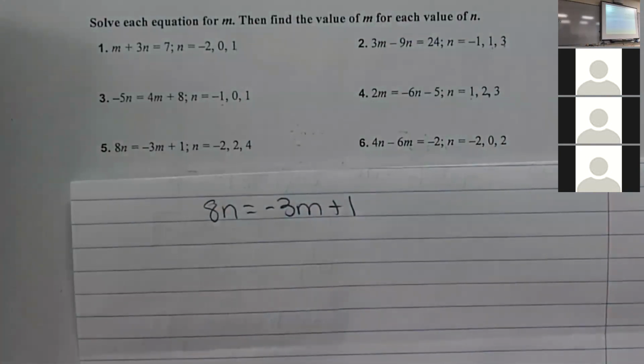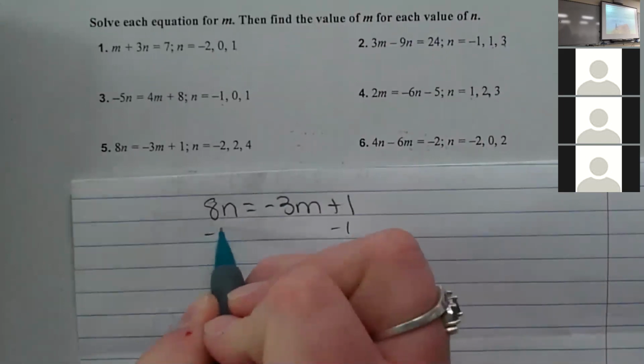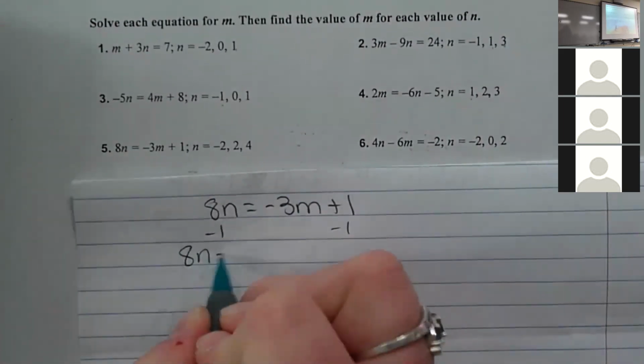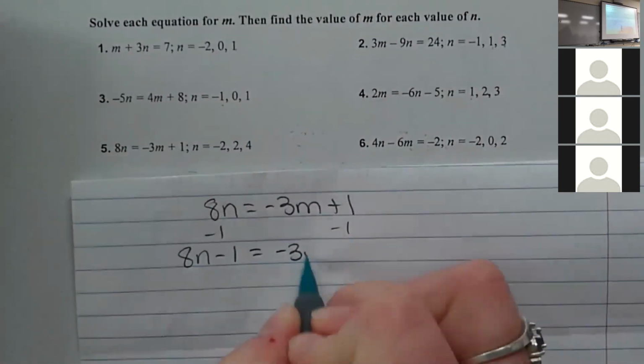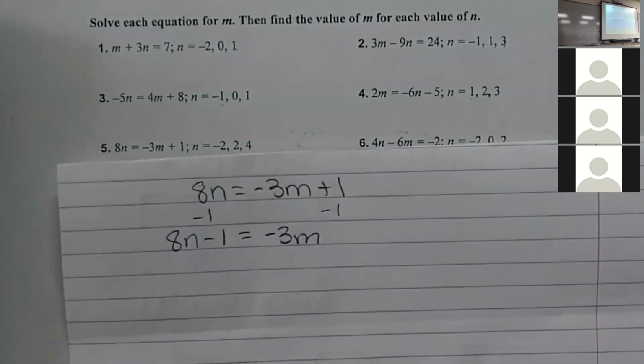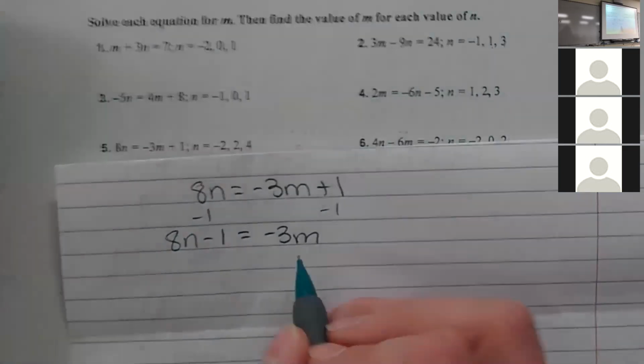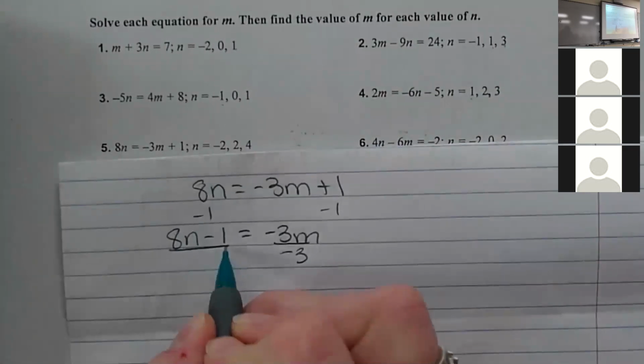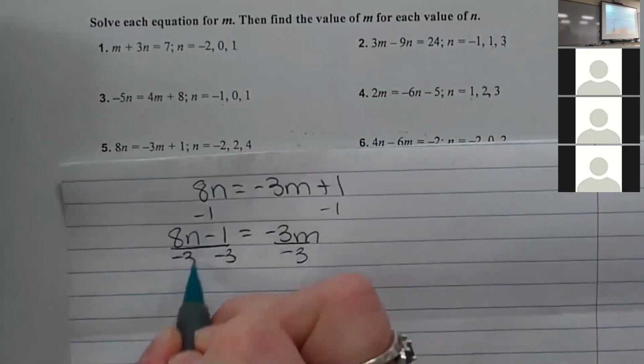Minus the 1 from both sides. So I have 8n minus 1 equals negative 3m. M is almost by itself. What do I need to do with that negative 3? Divide. Divide negative 3. Every single thing.